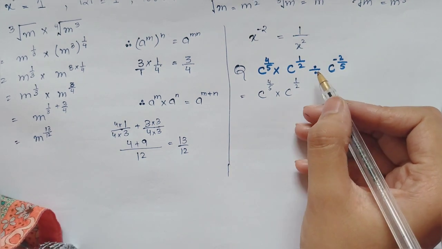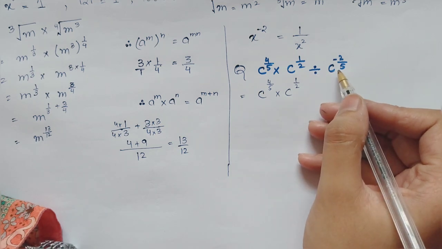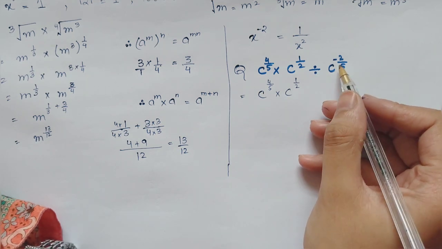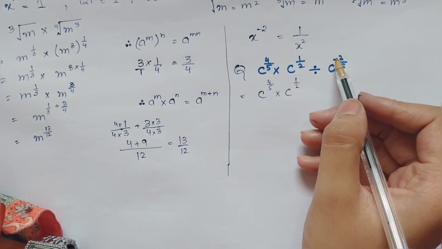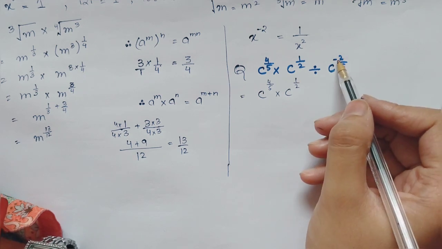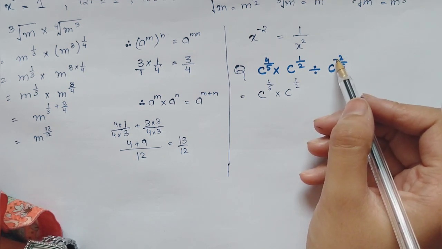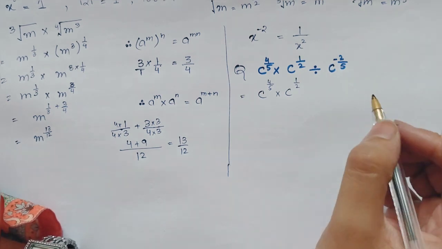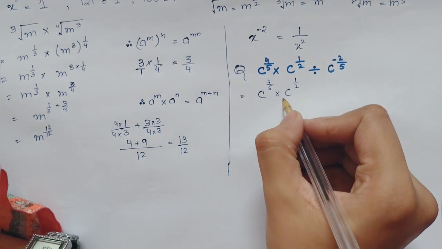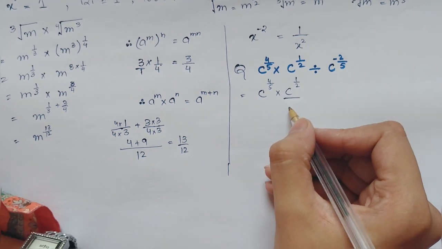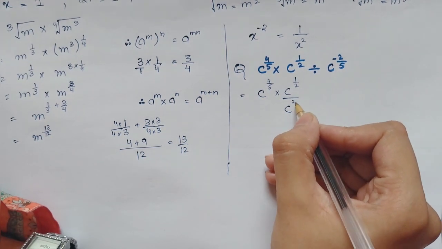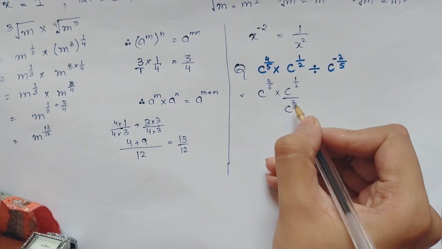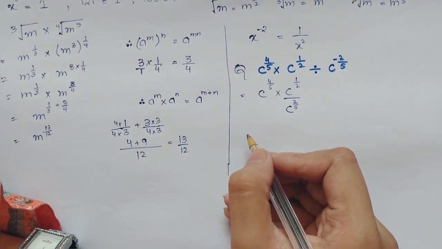We have to solve it first, so we can write it in the positive form. The negative power we have to make a positive power. Divide means you write it over, and it becomes c power 2 over 5 like this. Okay.